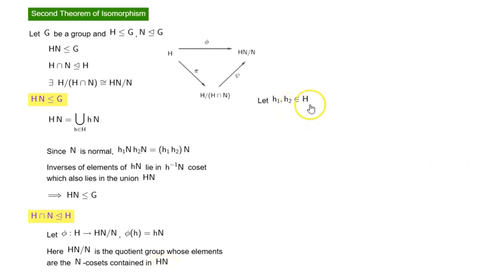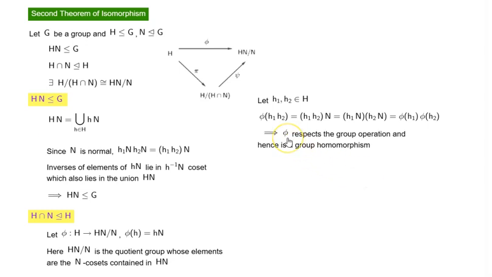Let h1 and h2 be in H. Then phi of h1h2 is equal to h1h2 times N, which is equal to h1 times N times h2 times N, which is equal to phi of h1 times phi of h2. So phi respects the group operations and hence is a group homomorphism.